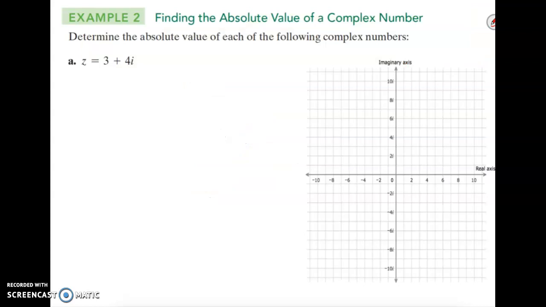Example 2. Find the absolute value of the complex number. So our complex number is 3 plus 4i. So let's graph it first. So this is your real axis distance, that's your A value. And then plus 4i, this is your imaginary axis distance, which is your B value.